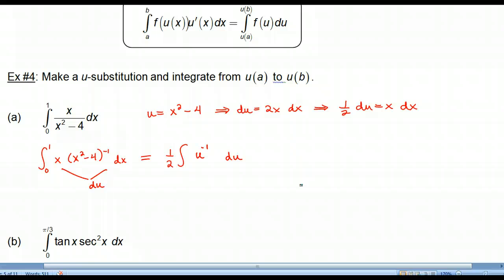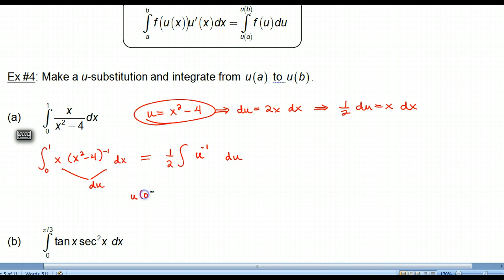Now, 0 and 1 would be fine if we had everything in terms of x. But now that I changed everything in terms of u, I want to change the bounds. So remember u is equal to x squared minus 4.